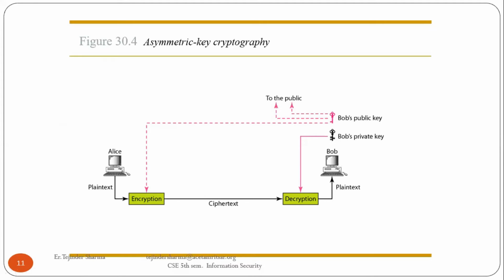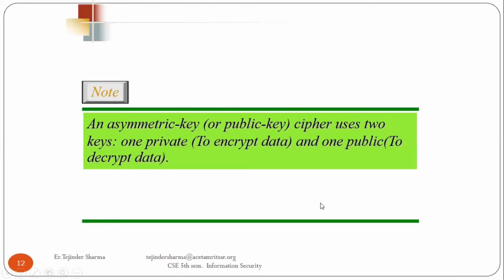So as you can see in the diagram, Alice is the sender, the plain text is encrypted using the public key. Now, Bob uses his own private key in order to decrypt the ciphertext into the plain text.